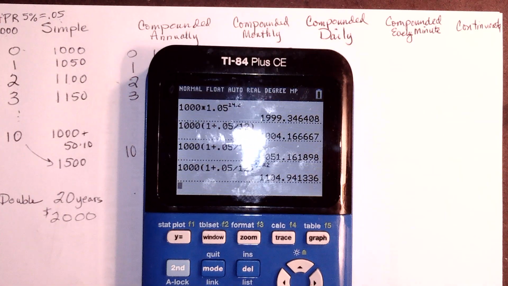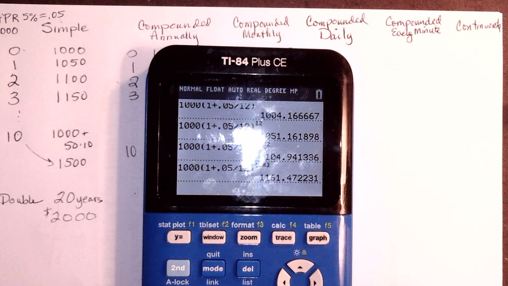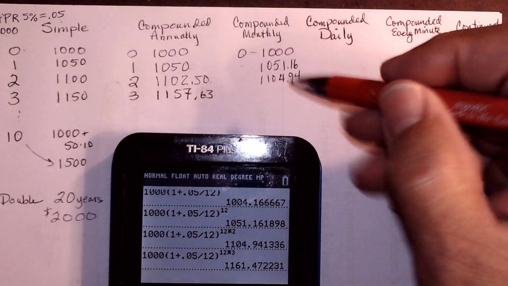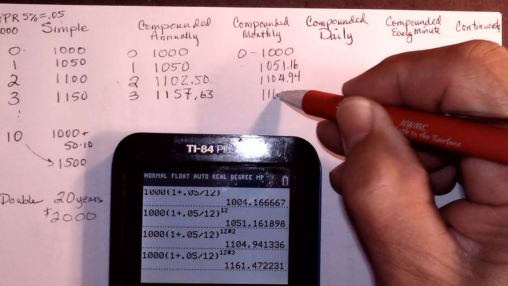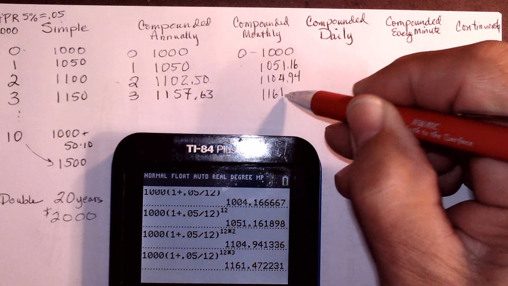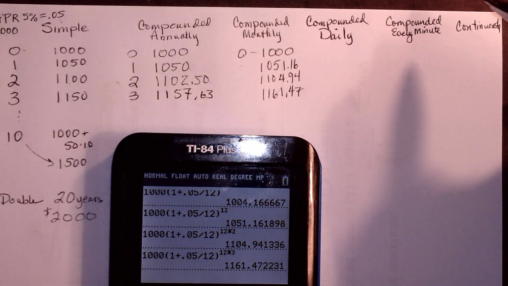And if I did 3 years, change the 2 to a 3, I'd have $1,161.47.